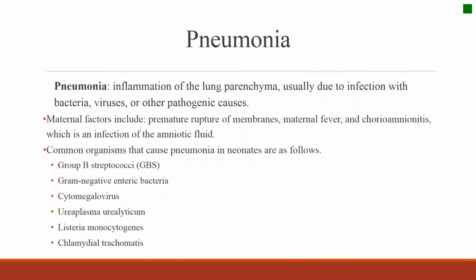Some common organisms in the neonate population when they have pneumonia are group B streptococci, or GBS, and that usually is present if the mother's membranes have been ruptured for over 24 hours, but not always. Gram-negative bacteria, and then the rest are not so important to know.